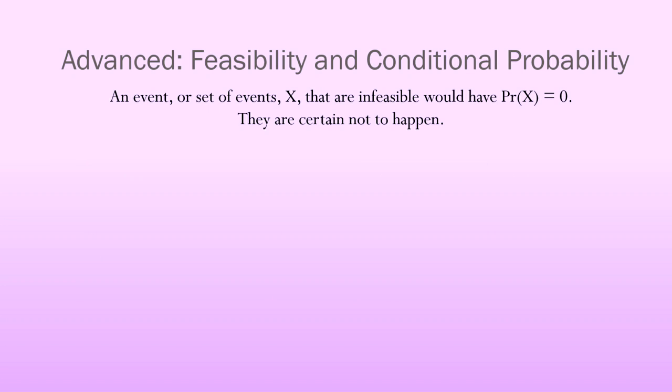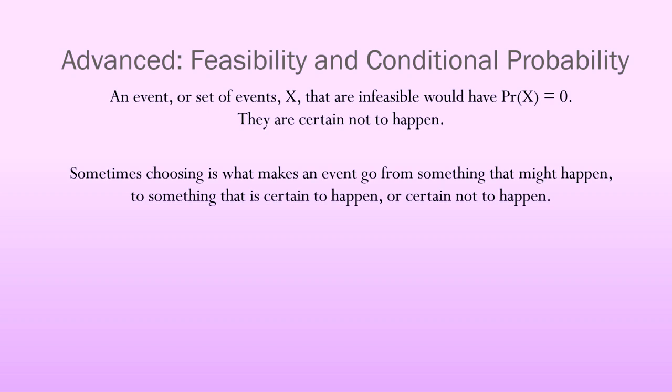Now, the relationship between feasibility and something called conditional probability. An event or set of events, X, that are infeasible would have a probability of 0. In other words, they are certain not to happen. That's what it means for something to be infeasible. It can't happen. Right.